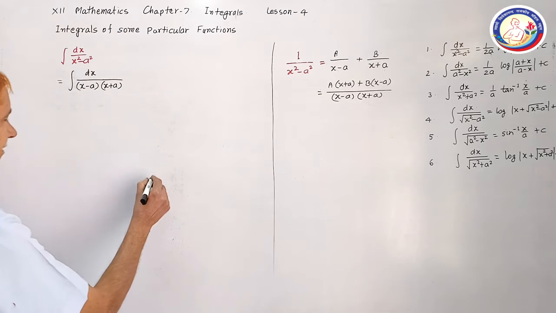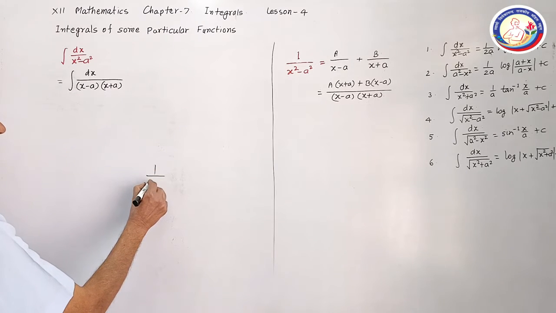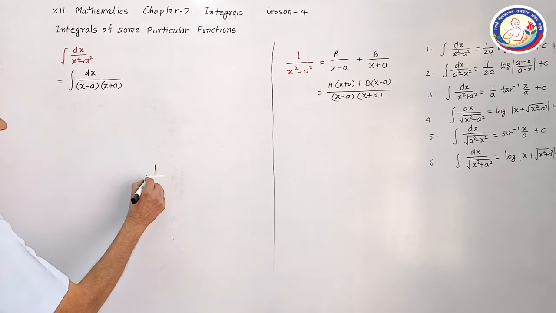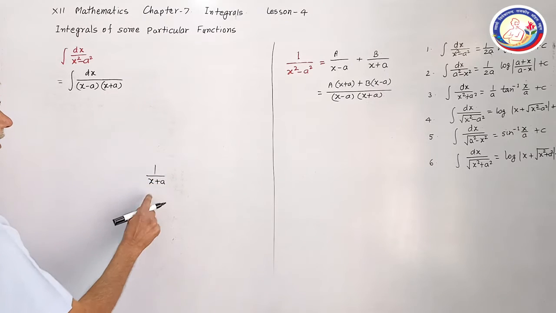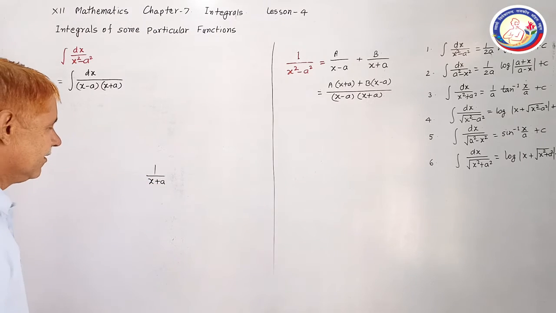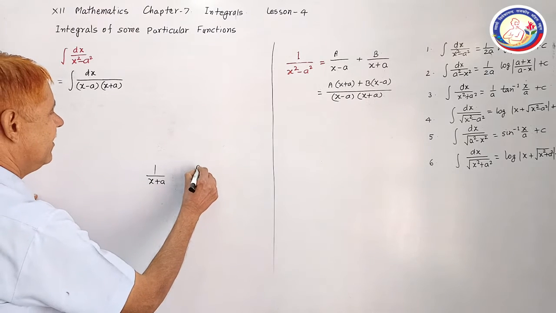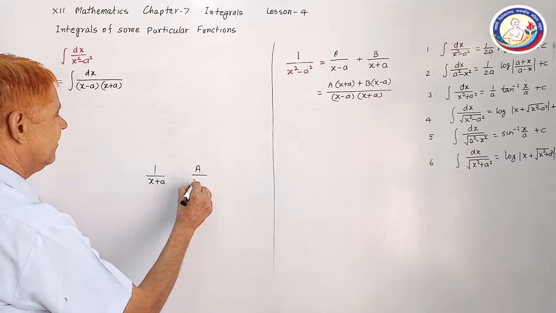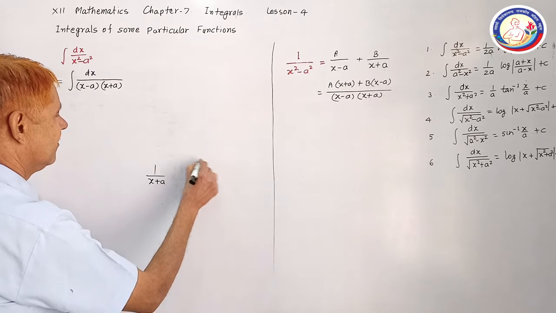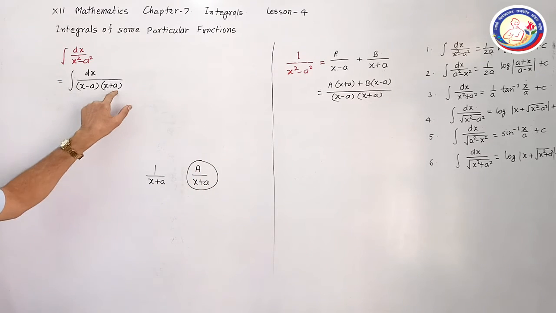Now, if there are factors of the type x plus a or x minus a in single power, then for each such term we will write a constant upon this factor as a sum. So here we are having two factors.